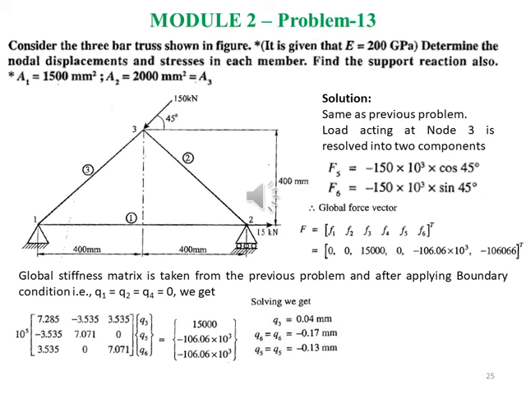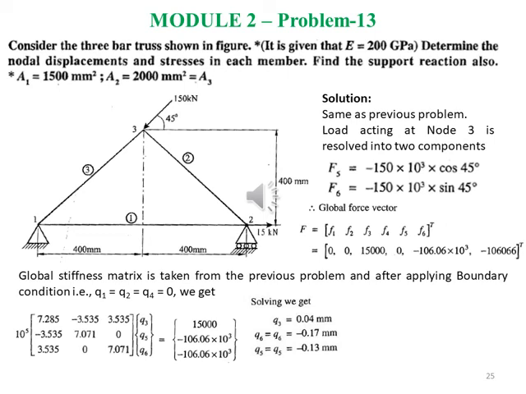So for the global load matrix, 150 kilonewton, we were directly taking it as minus in the previous problem, but here we have to resolve it in x-axis and y-axis. Hence we are using the sine term and cosine term. So F5 will be cos 45 into 150 kilonewton, and F6 will be minus 150 into 10 power 3 into sine 45.